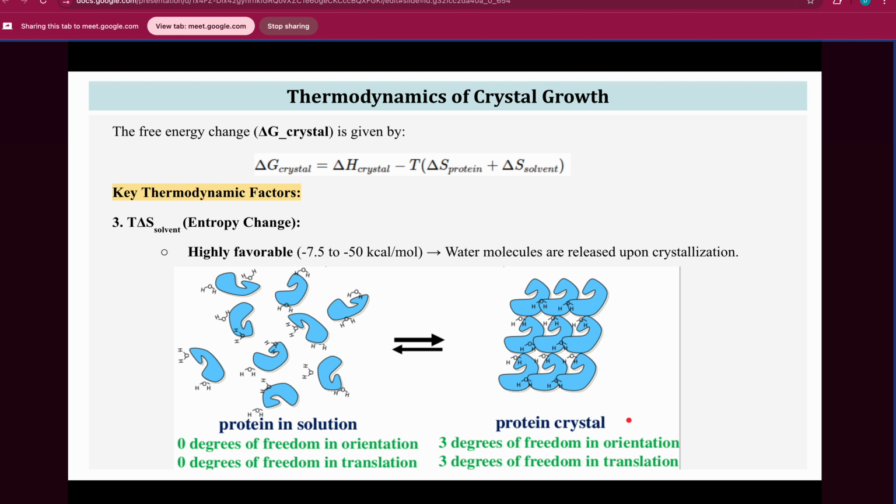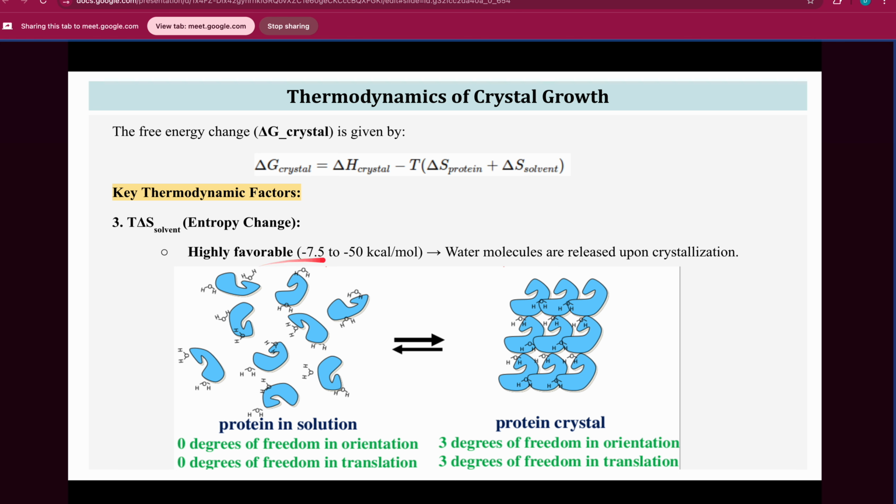Whereas in the case of the protein crystal, because the protein units are linked tightly, these water molecules are free to move. So their movement will be higher. There will be 3 degrees of freedom in orientation and 3 degrees of freedom in translation for these water molecules. So now the entropy of solvent in the protein crystal is high.